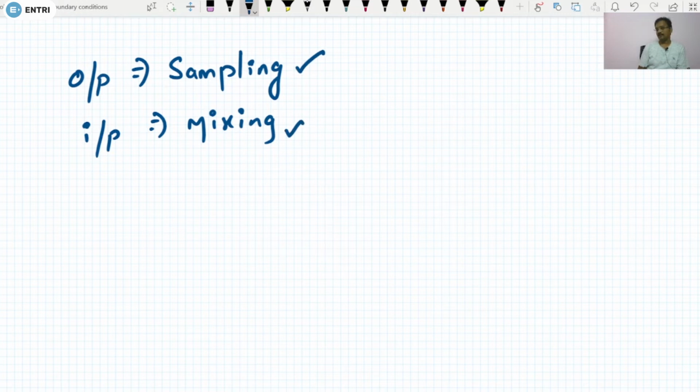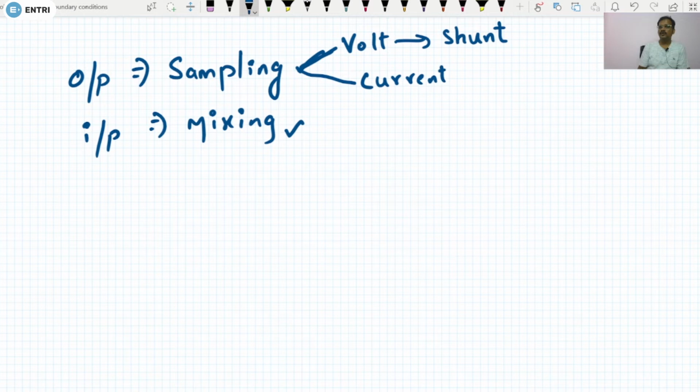You are mixing. So you can sample the voltage at the output. If you want to sample the voltage at the output, you are going to have a shunt connection. And if you want to sample the current at the output, then you must connect in series at the output.